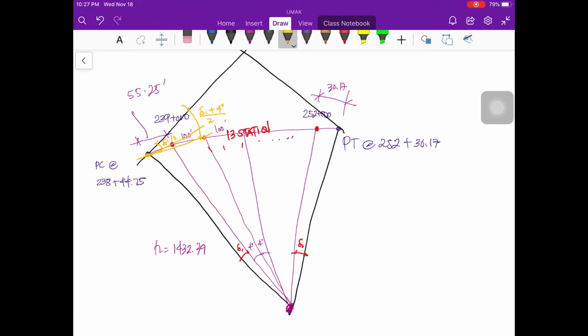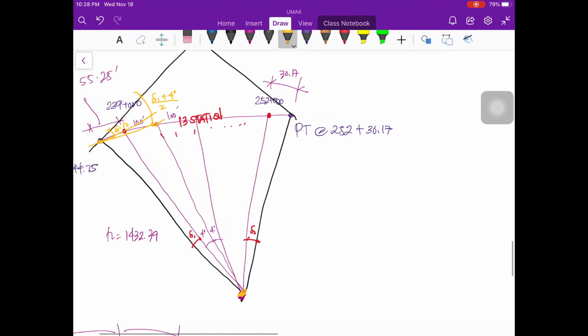Okay, meaning to say, these are the deflection angles starting from the PC. This is also a deflection angle from the intersection of the radii.